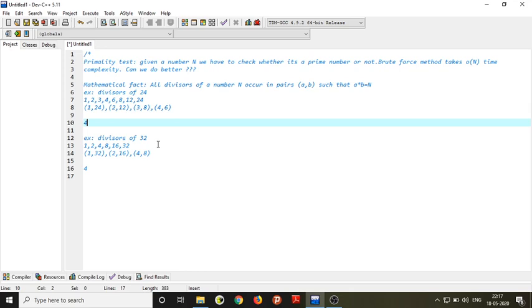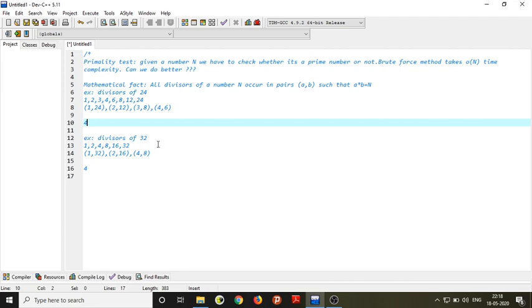To check whether 24 is prime or not, we need not go from 2 to 23. This is basically the brute force method, in which we go from 2 to n minus 1 to check whether a number n is prime or not. But we need not do that.